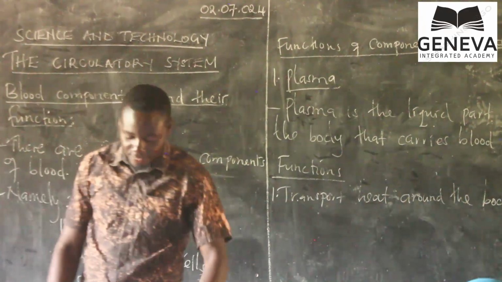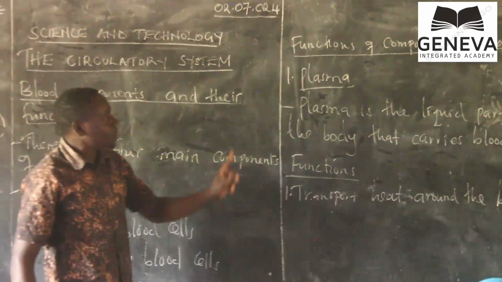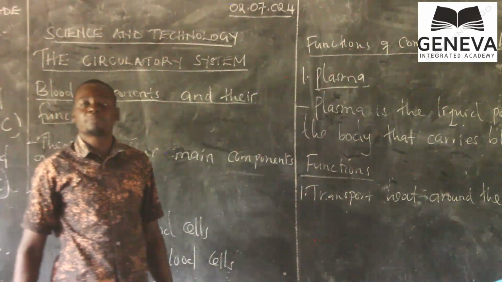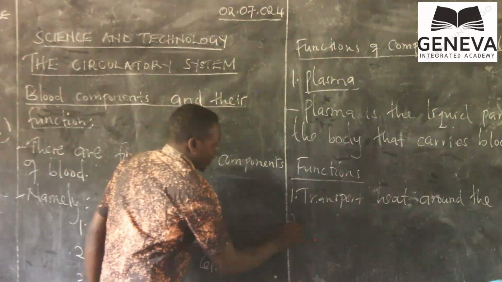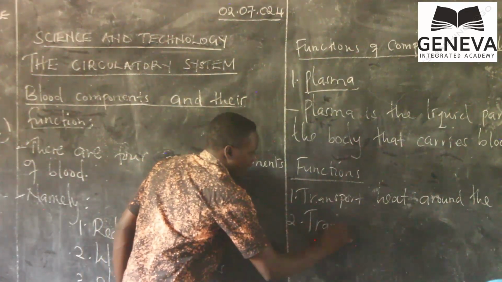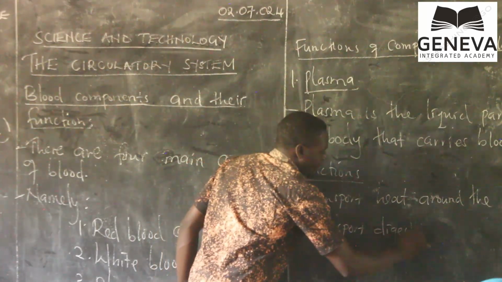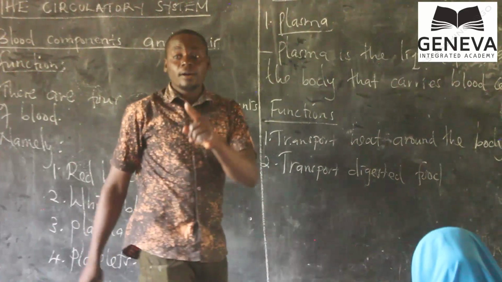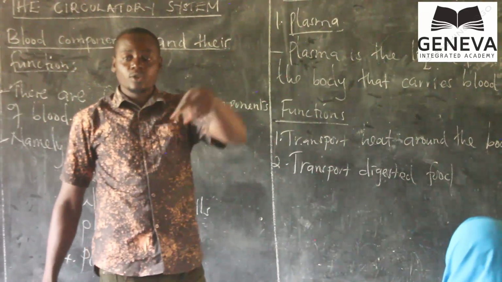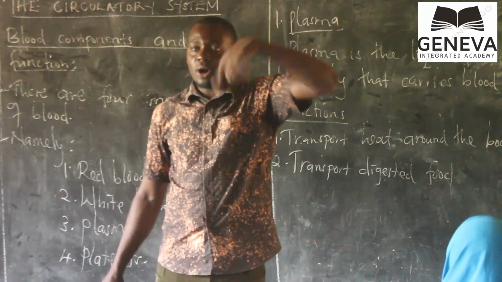Okay, I will add other functions. Number two, the function of plasma is to transport digested food. Remember, digested food is absorbed in the small intestine, then is transported around the body.